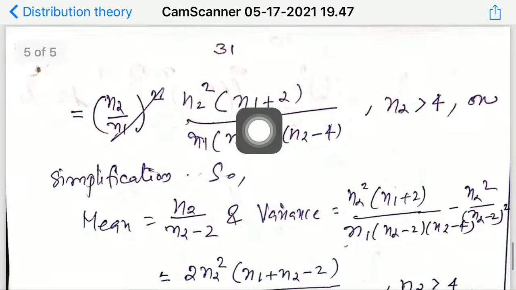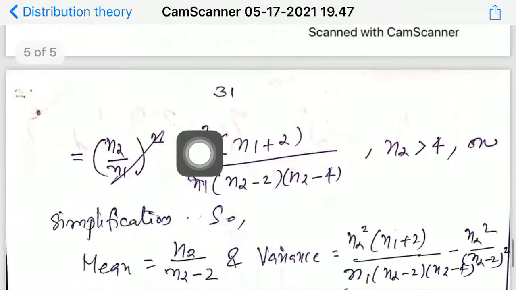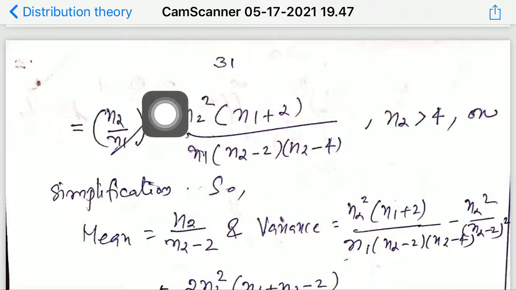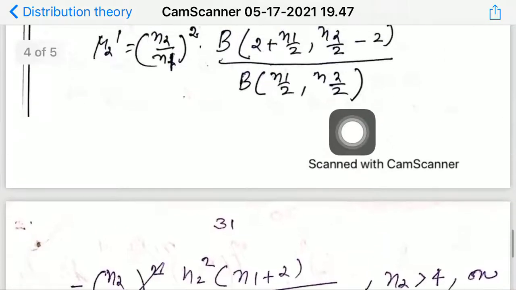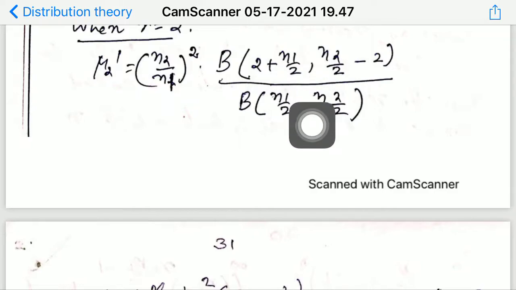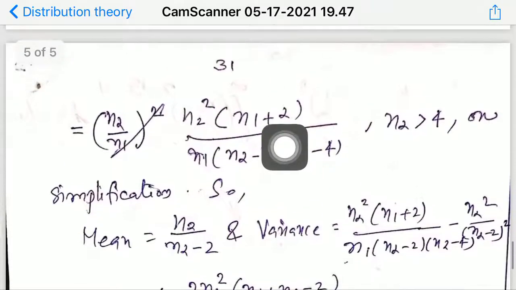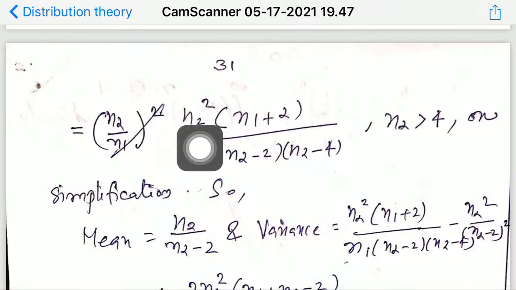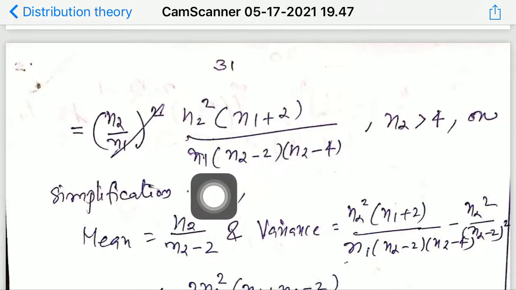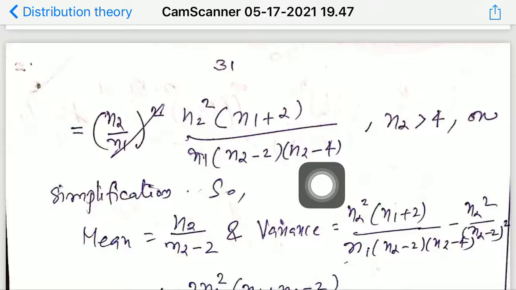So you will get, on simplification, this quantity, and you try to simplify this by expanding the beta functions in the numerator as well as in the denominator, and with a little patience you can see that mu 2 dash is equal to n2 square into n1 plus 2 divided by n1 into n2 minus 2 into n2 minus 4.